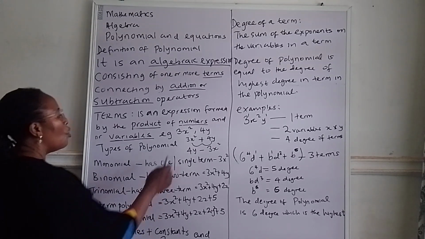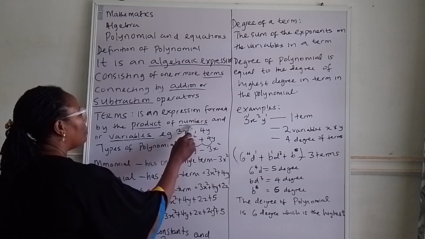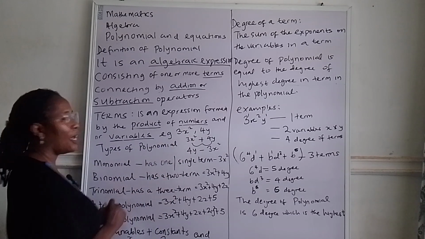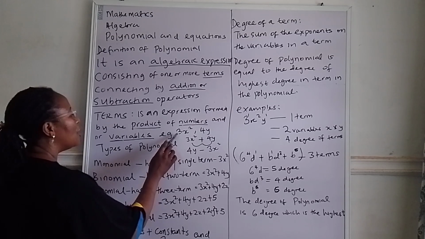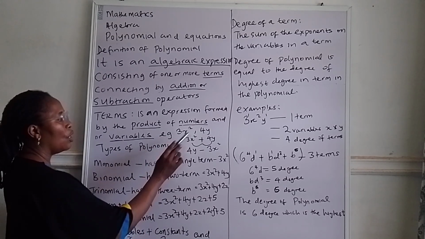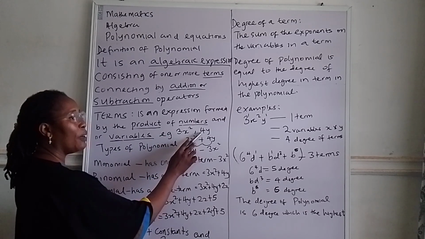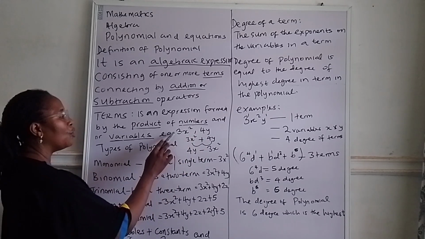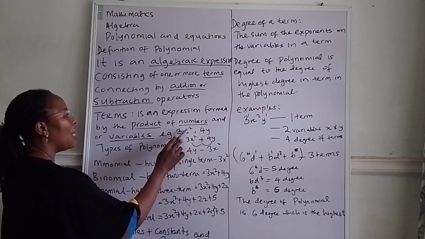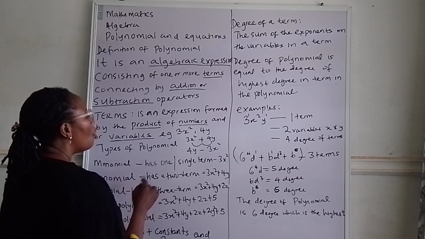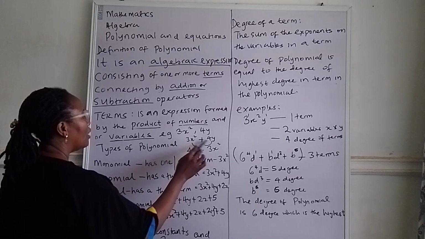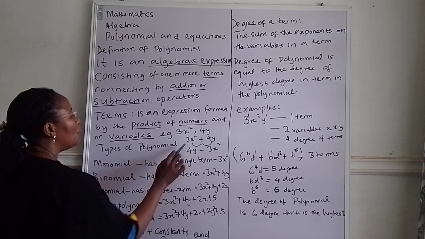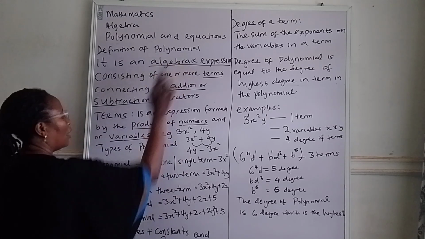All these terms are connected by addition or subtraction. For example, 3x squared is a term. 4y is a term. In this term, we have a number 4 and a variable y. In this one, we have a number 3 and a variable x squared. So when we now add them together by addition operators, it becomes a polynomial.